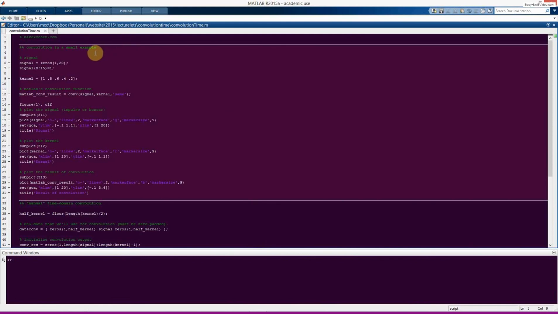So here in this first cell, I'm defining a signal, and in fact we are just going to recreate one of these slides I had in the PowerPoint. Here we are going to use MATLAB's function conv to compute convolution between the signal and the kernel. This third input into the function conv is 'same', and that just asks MATLAB to return the result of convolution that is the same length as the signal.